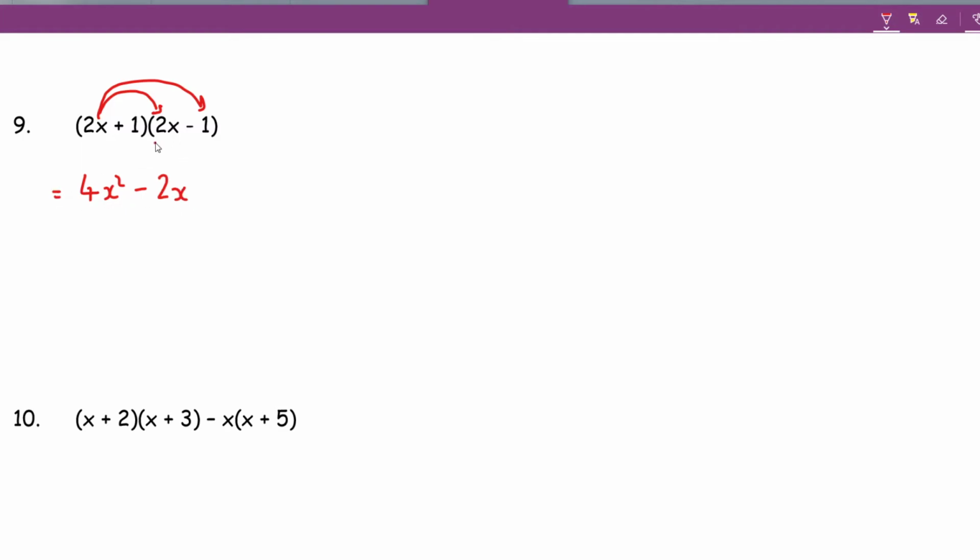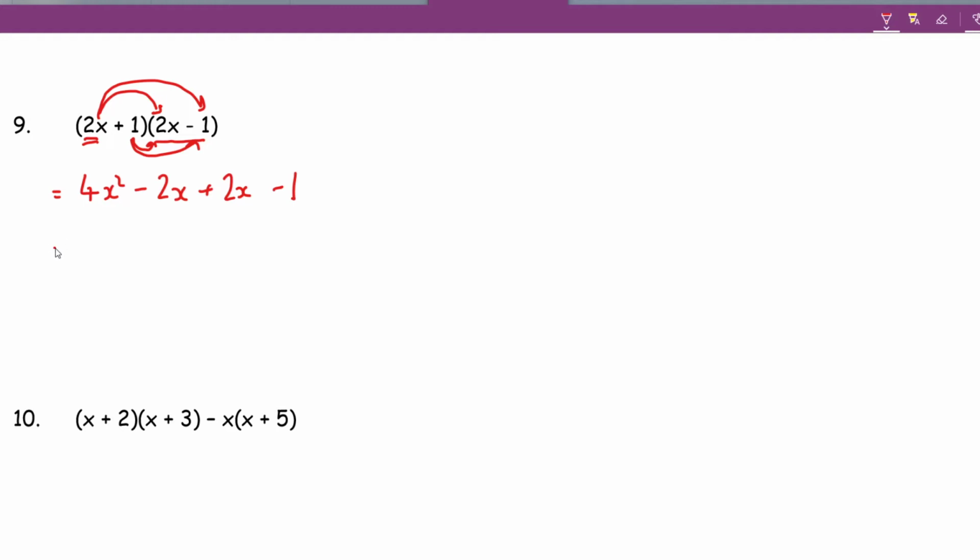Okay, so what we've done, literally, is multiply all this bracket by 2x. And now we're going to multiply all this bracket by 1. So 1 times 2x is just 2x. And 1 times minus 1 is minus 1. Okay, so to get the second part, literally 1 times this bracket, so it's just that bracket.